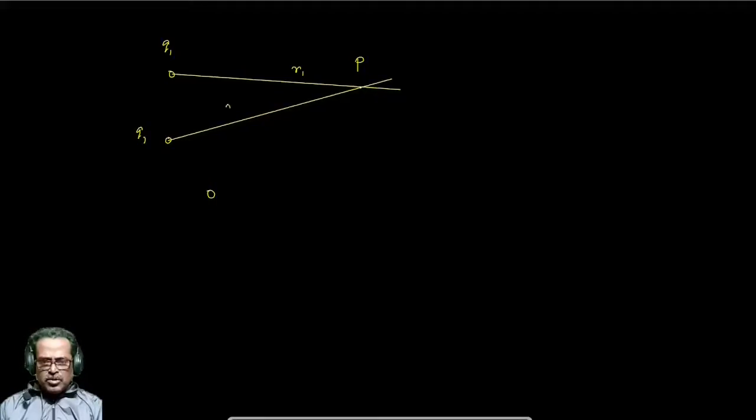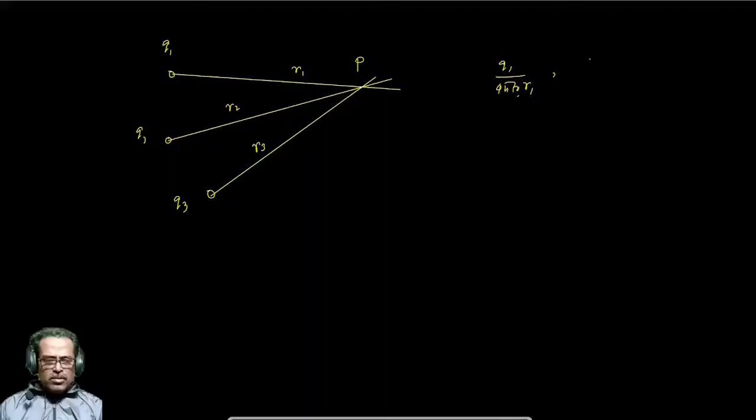Now, potential due to a system of charges. Suppose there are different charges in space and we want to find the potential at point P due to all these charges. This is q1 at position r1, q2 at position r2, q3 at position r3. Now the potential due to q1 is q1 by 4 pi epsilon 0 r1.